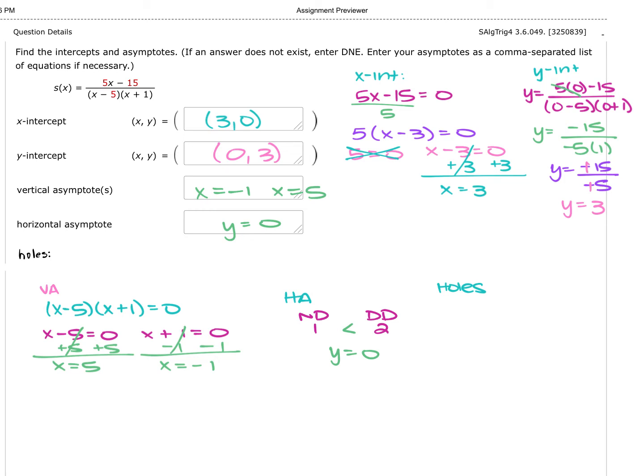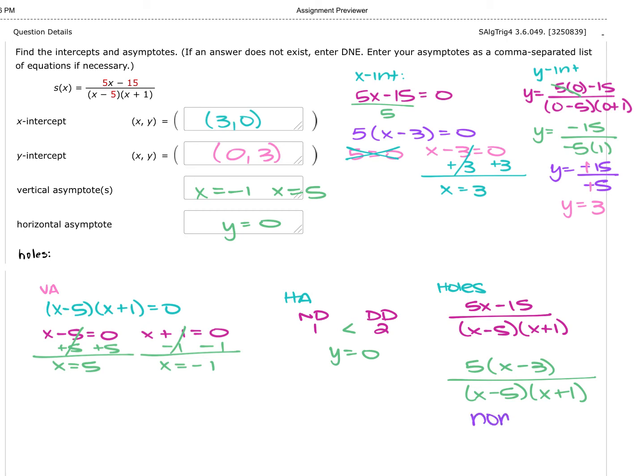So if we have (5x minus 15) over (x minus 5)(x plus 1), and we factor that top, we're going to have 5 times (x minus 3) over (x minus 5)(x plus 1). There is nothing that is the same on both the top and the bottom. So your holes, you don't have any. So you would just write none.